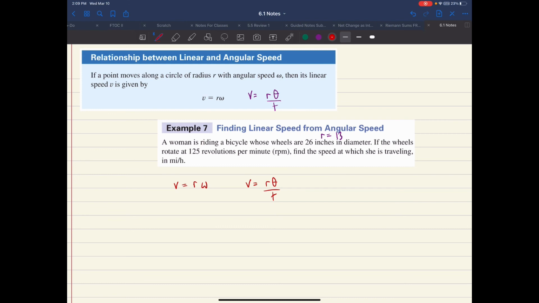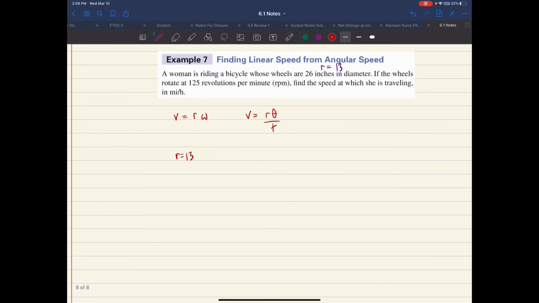And let's just work through this. So in this case, r is 13. Omega is 125 times 2 pi. So it's 1 revolution times 125 of those.